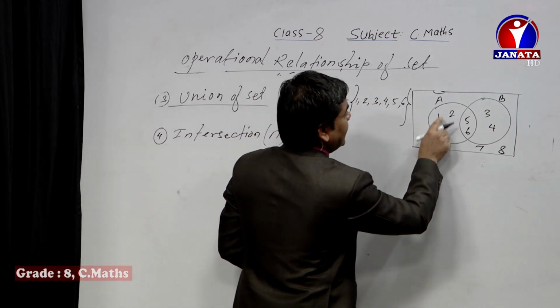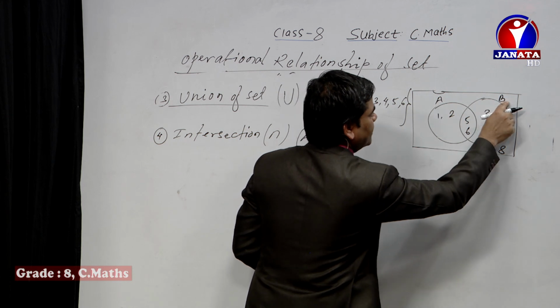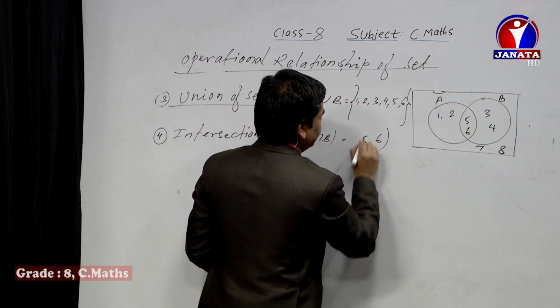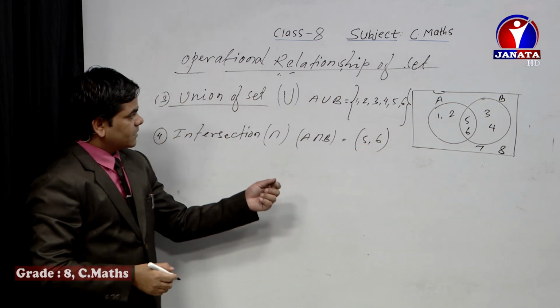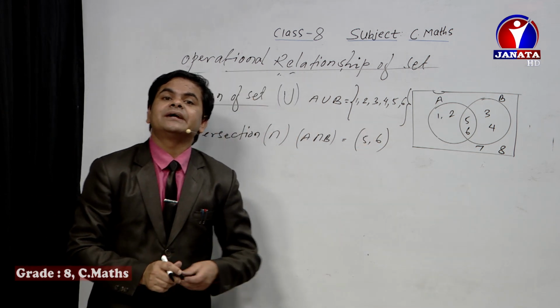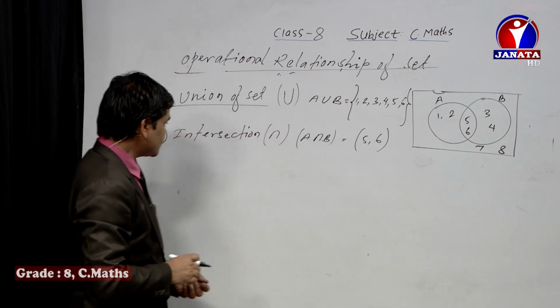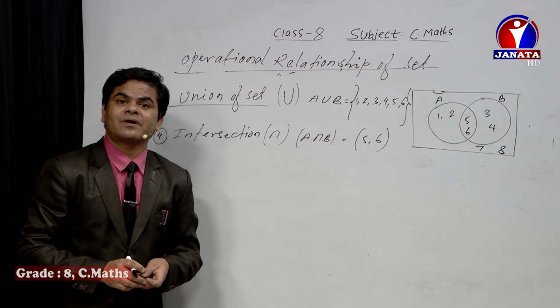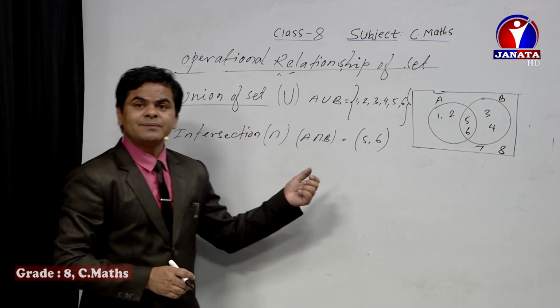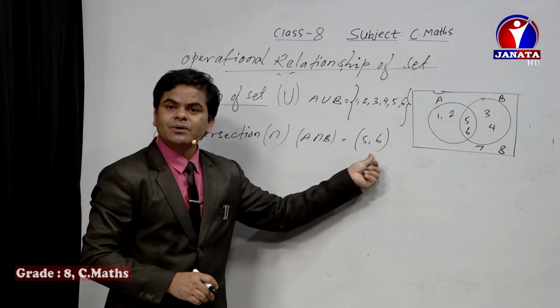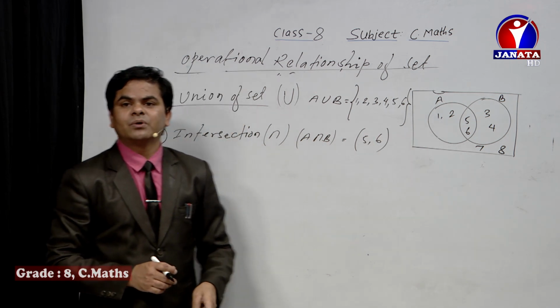Number of people who like apple as well as banana, 5 and 6. That means 5 and 6. It is the elements which are found in the common area between the two circles that is known as the intersection. So sometimes in examination, if you are asked to find the relationship between the two sets as intersection, at that time A intersection B equals the common elements of both sets.